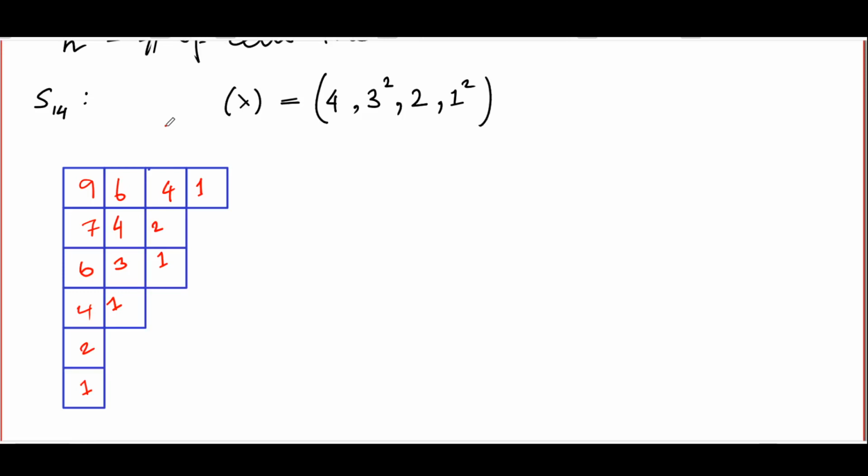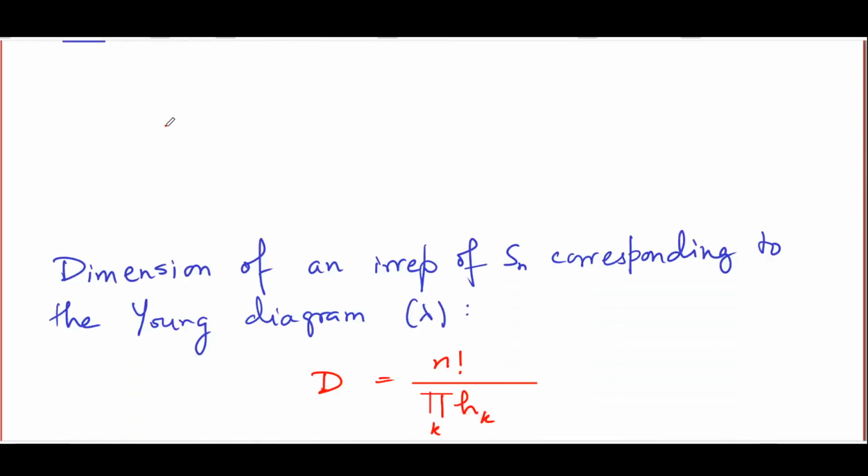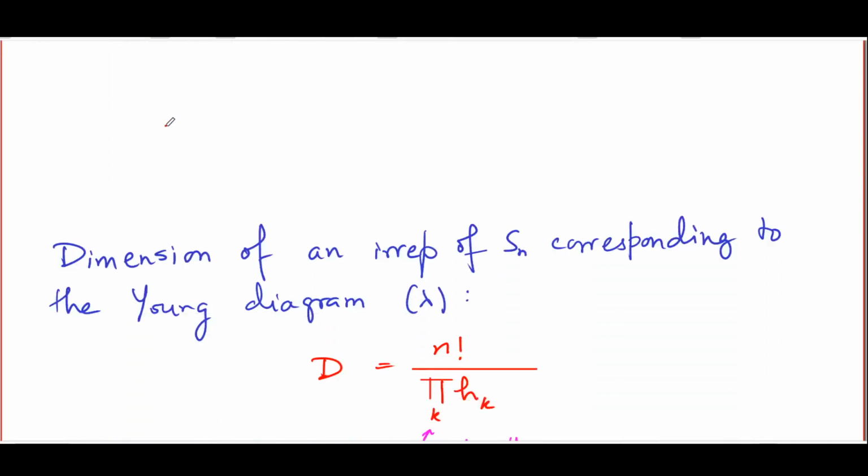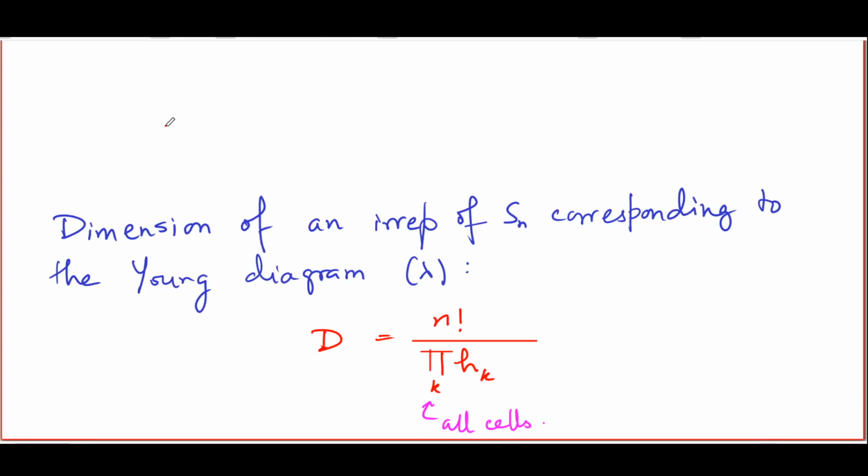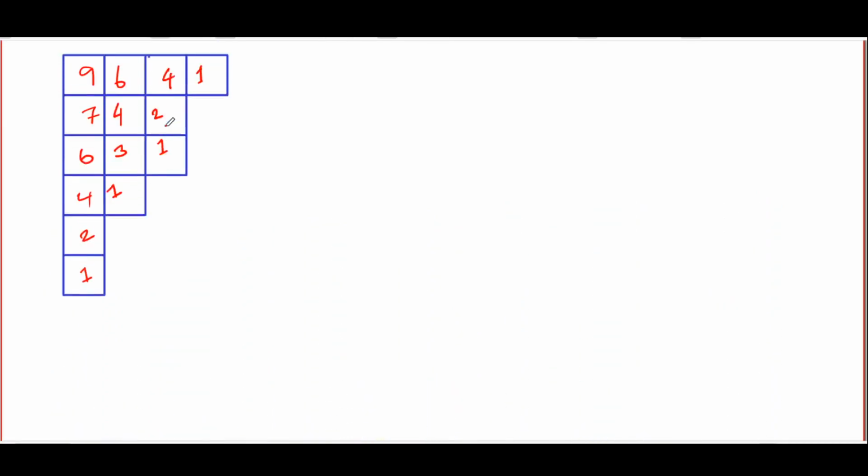And this particular formula happens to be the following. Dimensionality of an irrep of Sn corresponding to a Young diagram, which corresponds to a particular partition lambda, is nothing but n factorial divided by the product of all the hook lengths. So this product has to be over all the cells in the Young diagram.